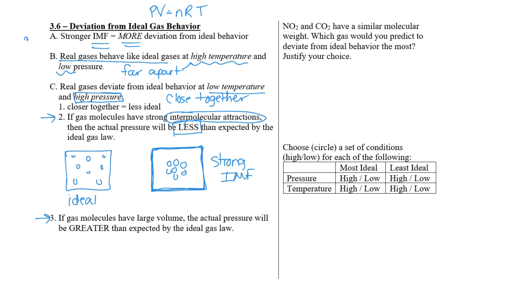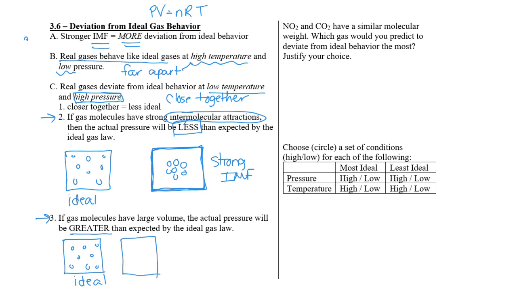Okay, the other situation they'll say, okay, we calculated pressure and we know what it's supposed to be with the ideal gas law, but when we measure it, it's more than it's supposed to be. And why is that? Okay, so here's why. When we're talking about ideal gases, we are pretending that they're all the same size. But we know that not all molecules are actually the same size.